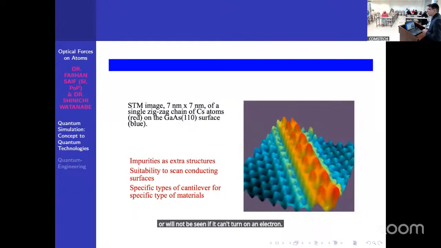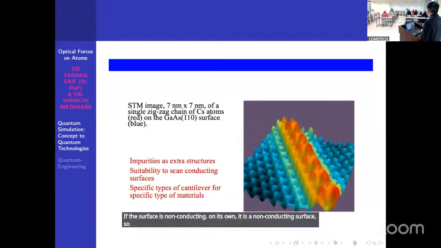The other problem is that if the surface is non-conducting on its own, the tunneling current cannot be used at all, because electrons would not tunnel to a non-conducting surface.